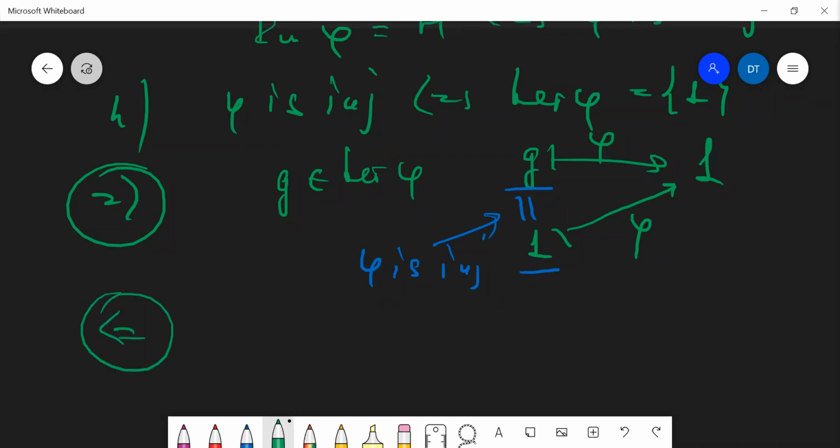In the opposite direction, we know that the kernel contains only the neutral element, and we want to prove the injectivity. So let's take two elements, g1 and g2, and assume that they go to exactly the same element.